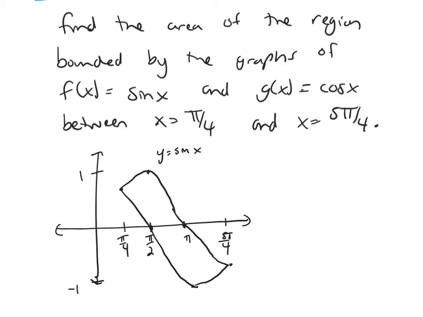And if you notice, anywhere in this region, I have a top function and a bottom function. The top function being y equals sine x, and the bottom being y equals cosine x. So in this region, y is between cosine and sine, and x is between pi over 4 and 5 pi over 4.